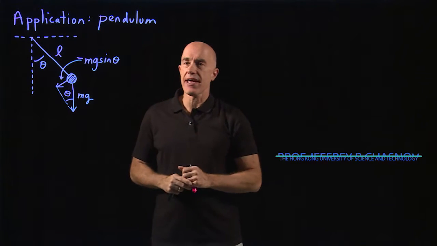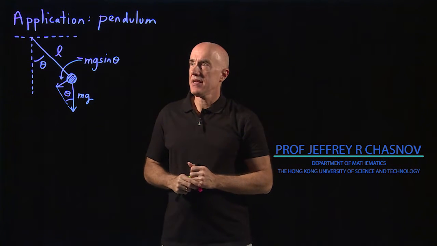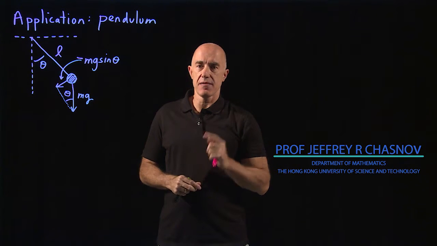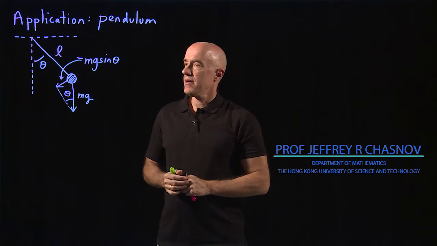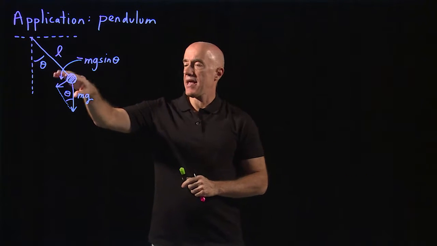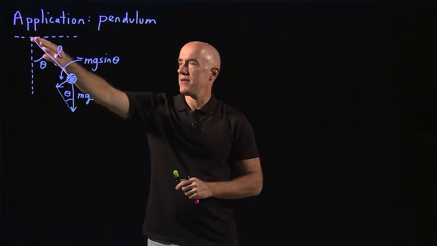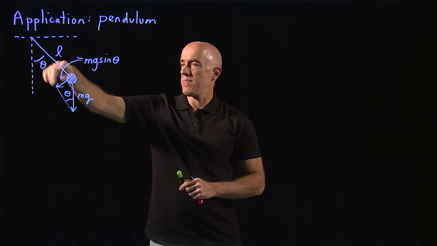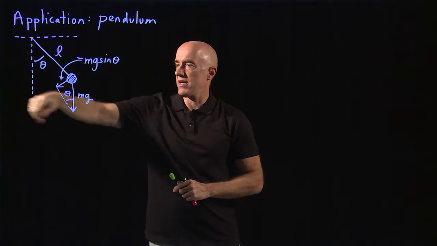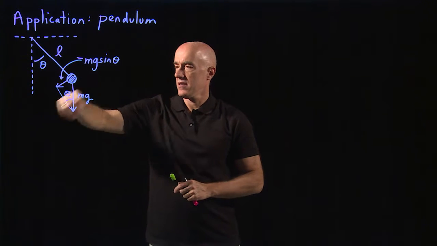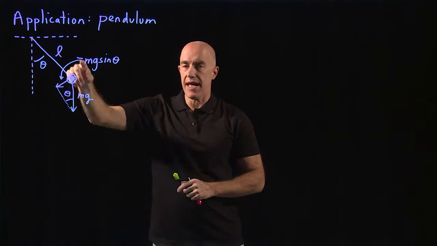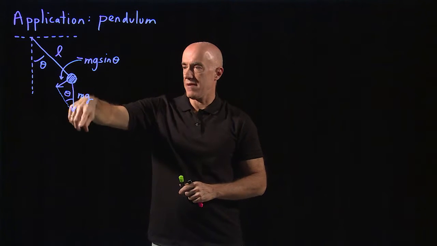Okay, let's try our third application. This is the pendulum. We have a mass m connected by a massless rod of length L to a pivot point, and the pendulum then is able to swing on an arc. Gravity is acting on it with a force mg down.